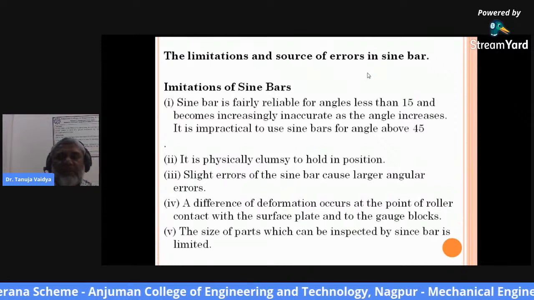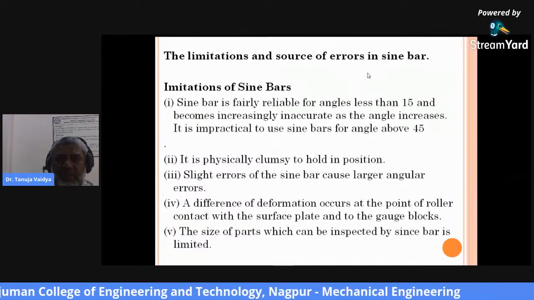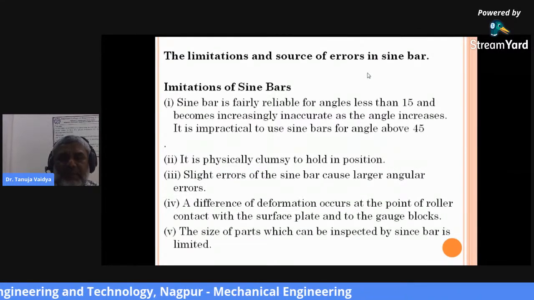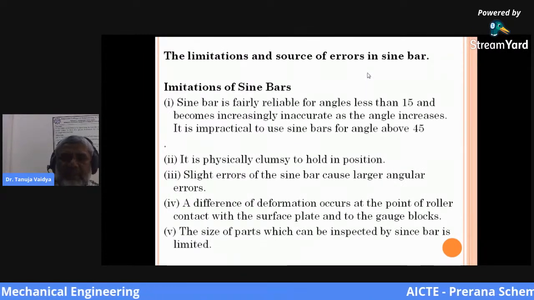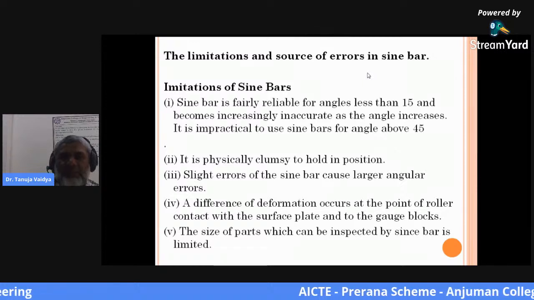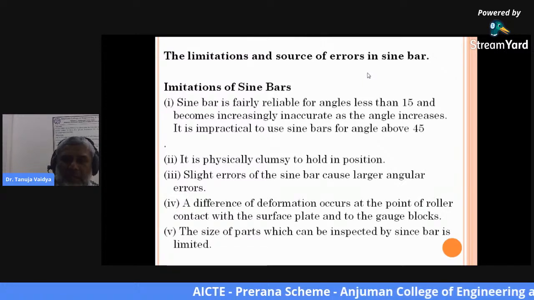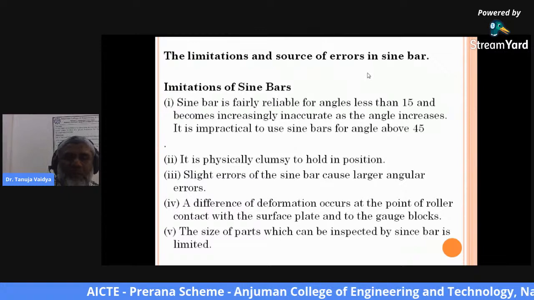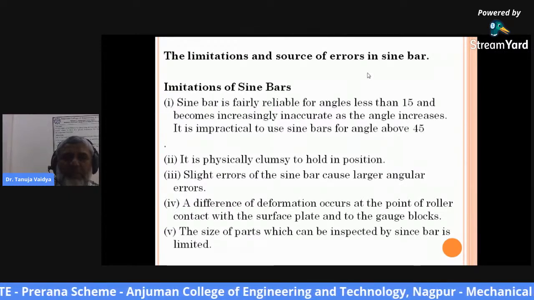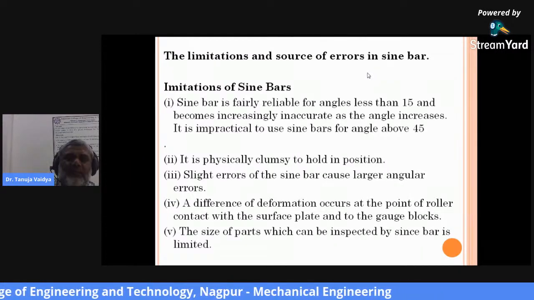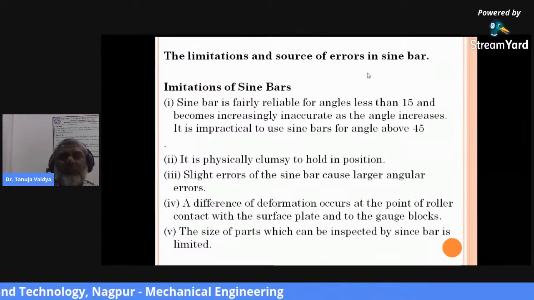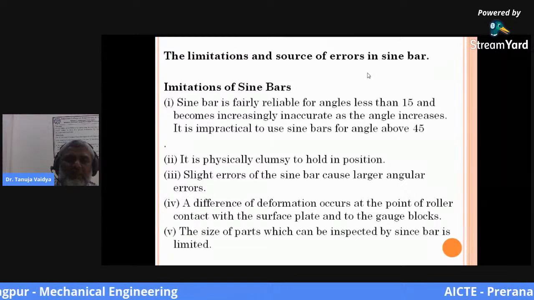The limitation of the sine bar is that it is fairly reliable for angles less than 15 degrees, and as the angle increases, inaccuracy creeps in, and from 45 degrees and above, it is impractical to use the sine bar. Second, it becomes very clumsy physically to hold the sine bar in position.